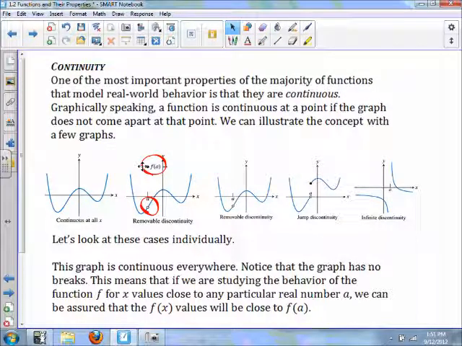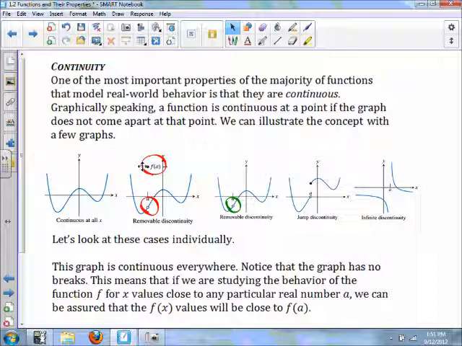In the next one, which is also removable discontinuity, there is no value at f of a. Now, for the next one with jump discontinuity, the graph physically jumps from one part of the graph to the other, with a large break in the graph.